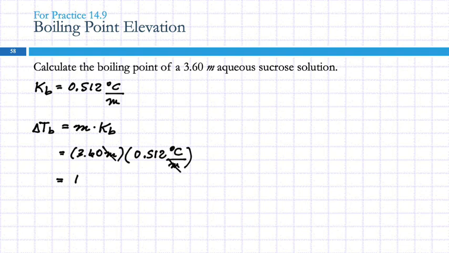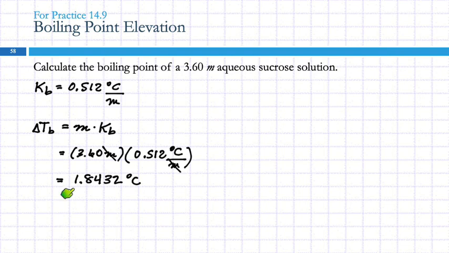And here we get 1.8432 degrees Celsius. Well, my exams have a lot of multiple choice questions. This would be a great multiple choice question. That would be an excellent distractor, right? So you calculate it, and you get a number that matches one. Yeah, it doesn't mean you did it right.